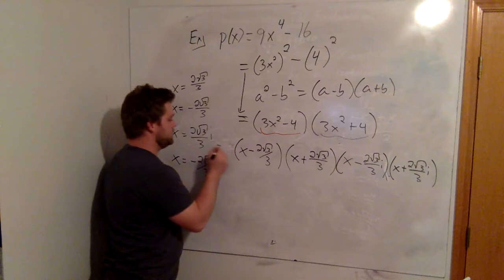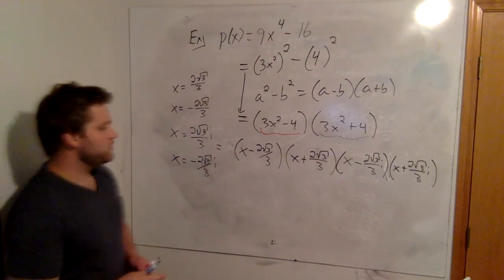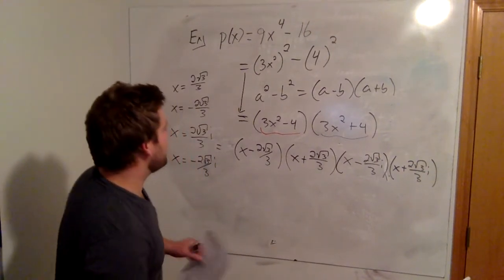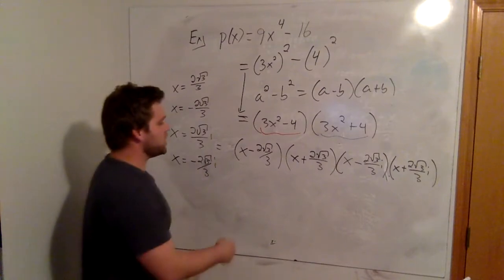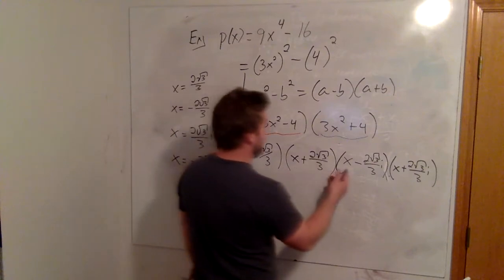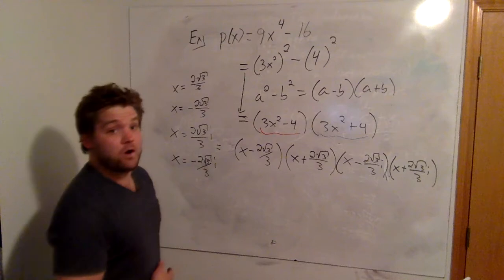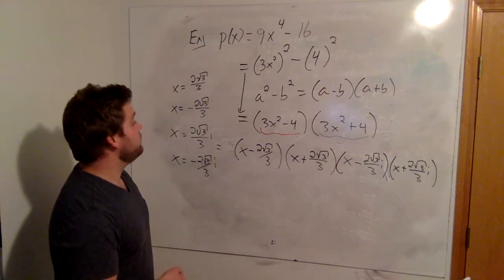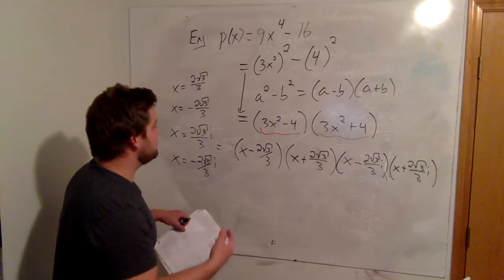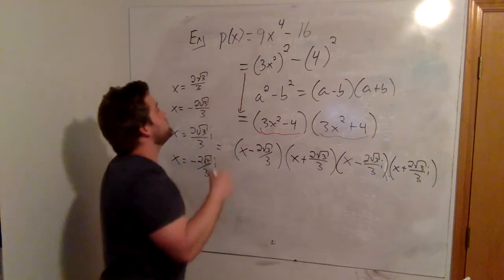Okay, let's be a little bit careful with how this polynomial factors. What we should notice is that when I multiply this polynomial out, or look at the leading term, I have an x times an x times an x times an x. The leading term of this polynomial is actually x to the 4th. But the problem is that the leading coefficient of our polynomial is 9.